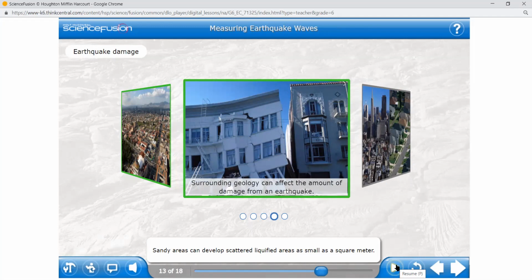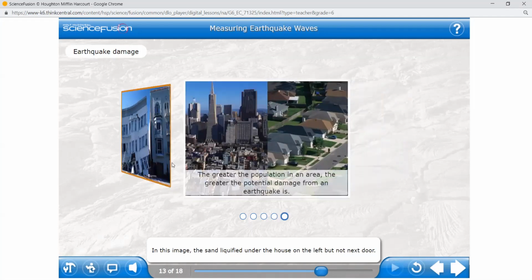The areas can develop scattered liquefied areas as small as a square meter. In this image, the sand liquefied under the house on the left, but not next door. See, the next building doesn't get damaged, but this building does because it is placed on soil.